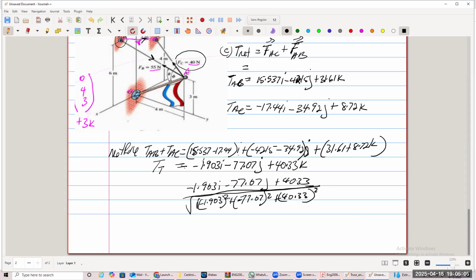You get what? 87. Yeah, so dividing all of these quantities upon 87, it will give you the unit vector.